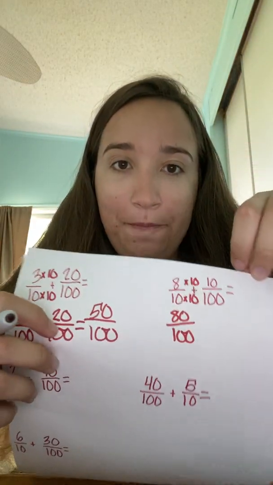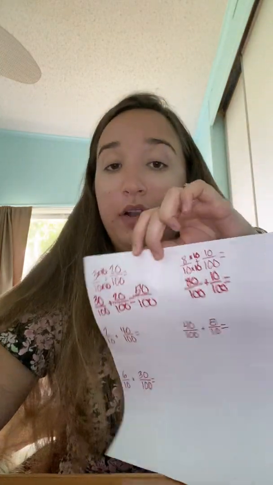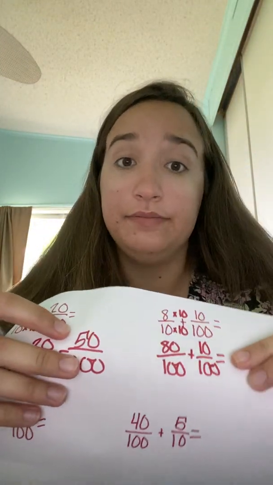All right, can we finally add these now? Yes, we can, because we finally have like denominators. So we have 80 over 100, and we have 10 over 100, okay? So we can finally add them.